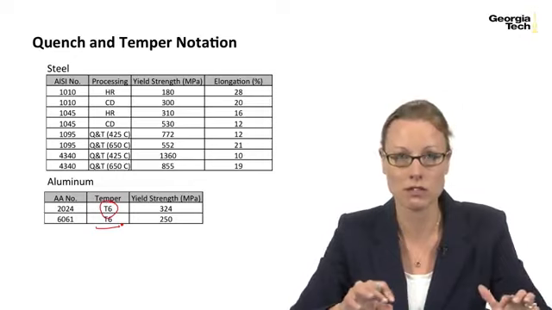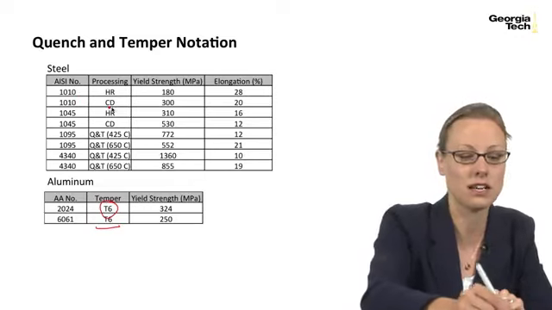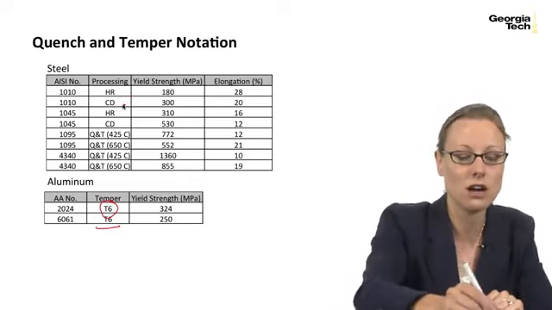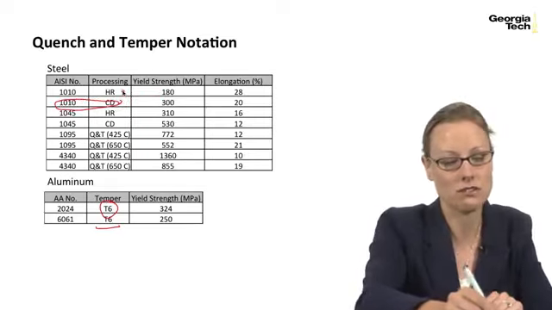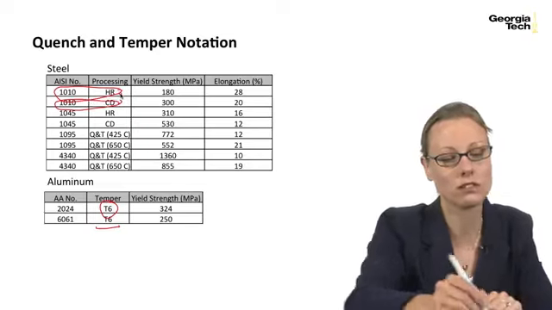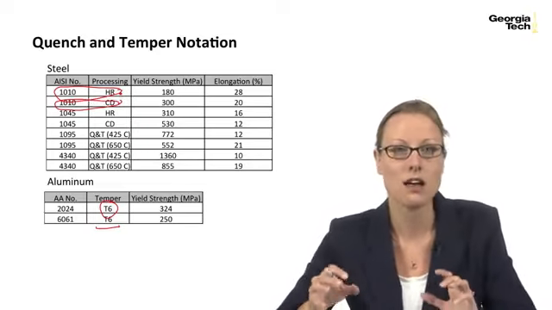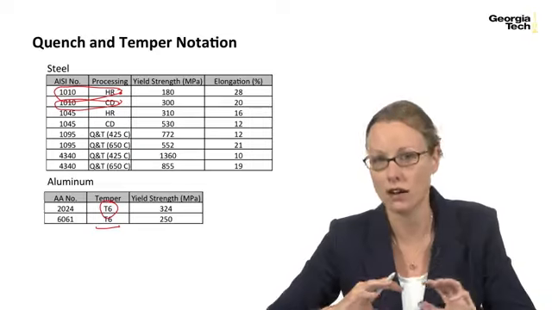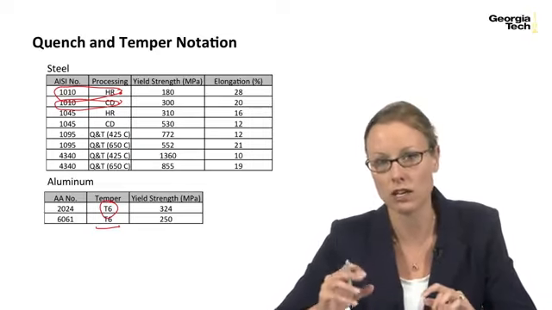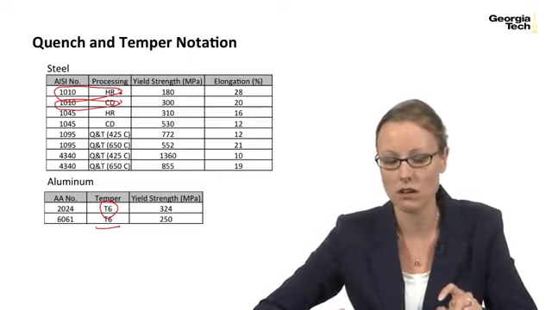So what you never want to do is have your design be a 1010 cold rolled steel, but be calculating the factor of safety off of the hot rolled steel. So you need to always make sure that your processing and your alloying elements, everything is taken into account when you're looking up the strength and that it matches your specific design.